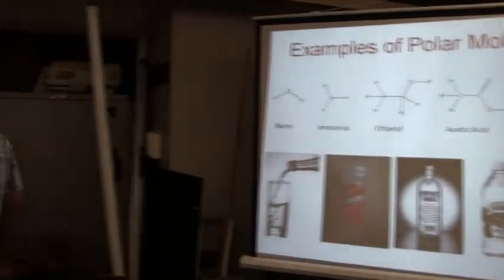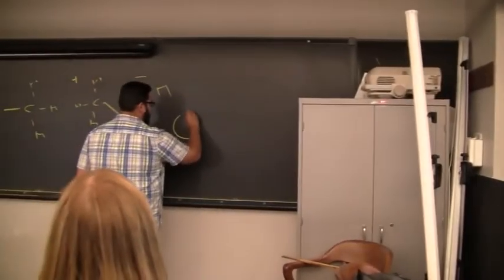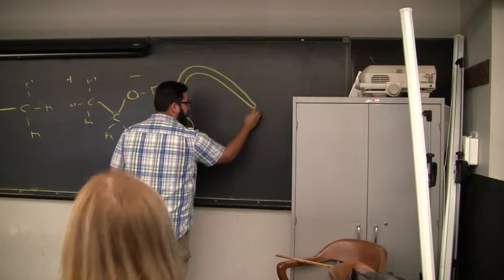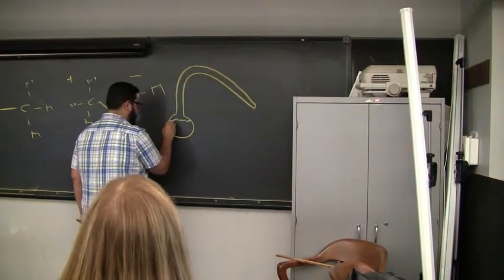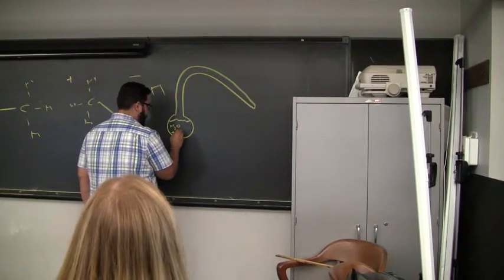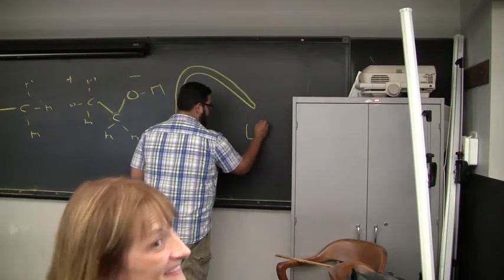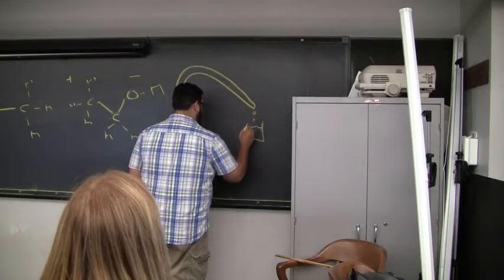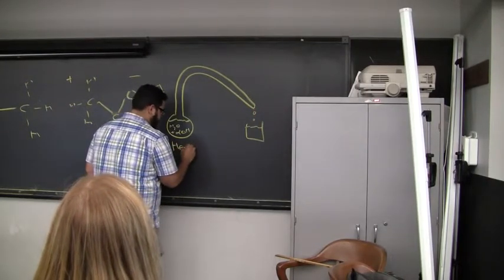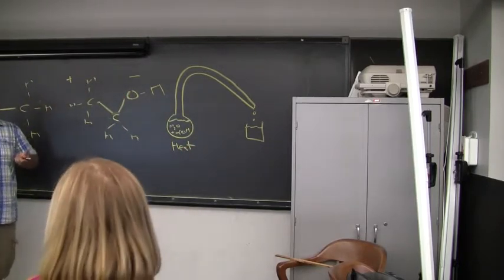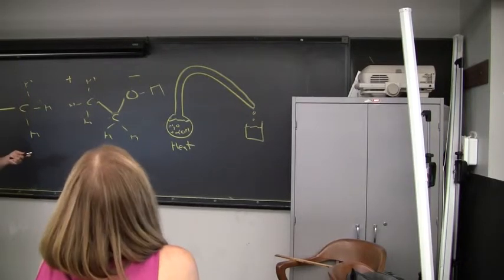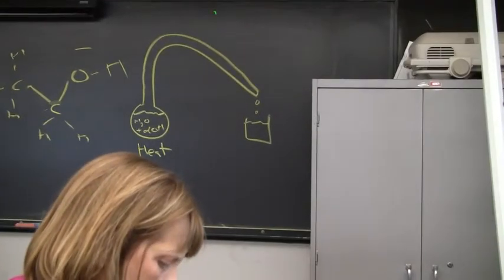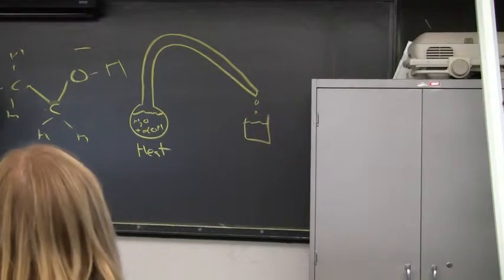And then you have to use a still. So the way that you would concentrate any of these is you would take the solution, so ethanol in this case, plus water at somewhere around 10%, and then you would heat it up.